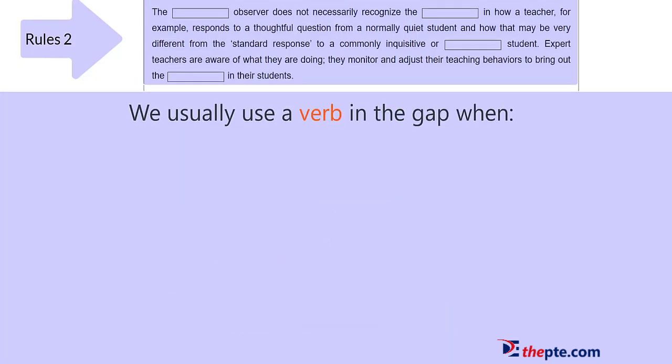We use a main verb in the gap when we have the following words before and after the gap.